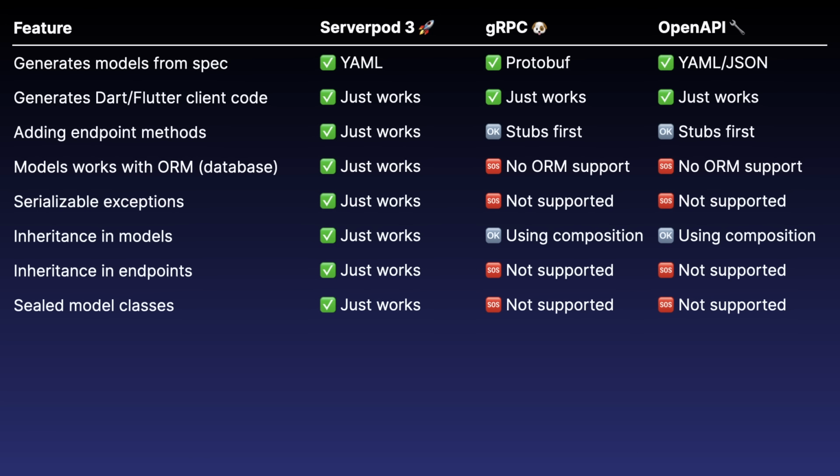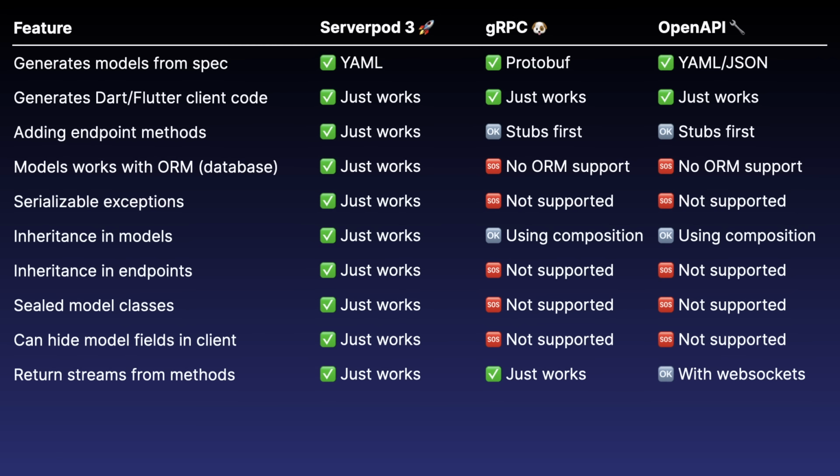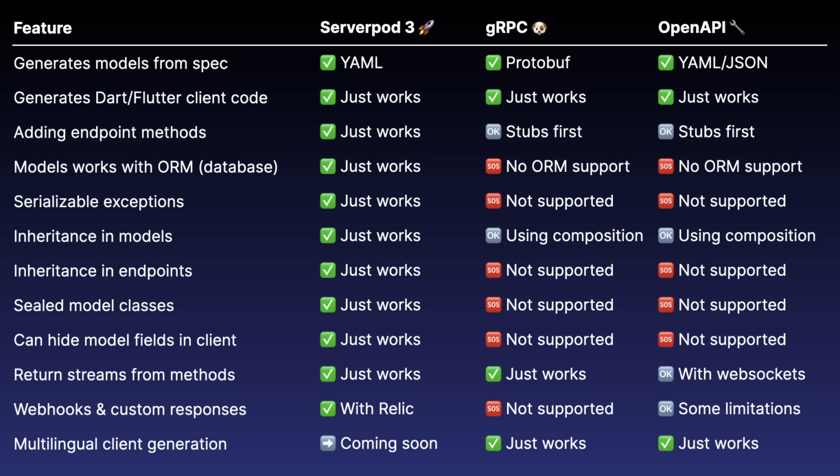There are no sealed model classes, and you cannot hide model fields client-side. We have limited support for streaming data, and creating webhooks or custom responses often requires a separate system. The only leg up gRPC and OpenAPI currently have over Serverpod is that they can generate code from multiple platforms, something we're intending to fix in future Serverpod releases.